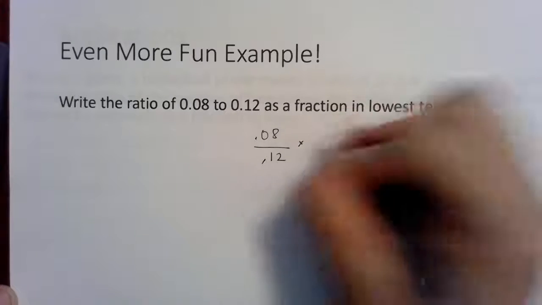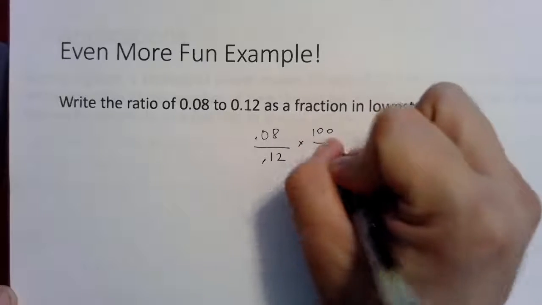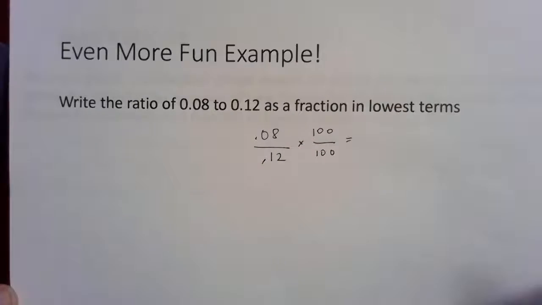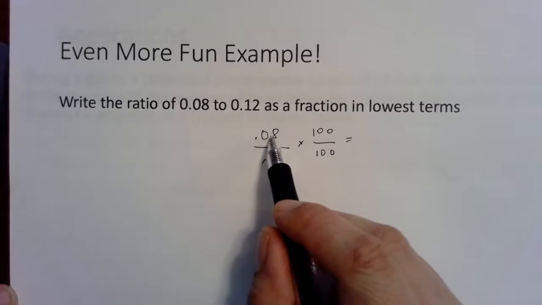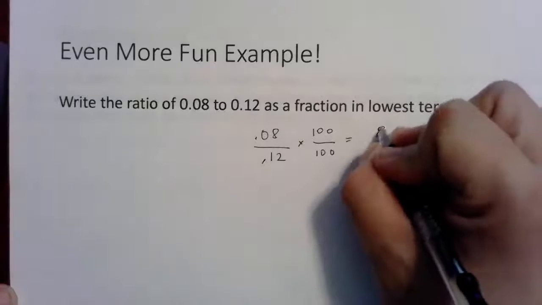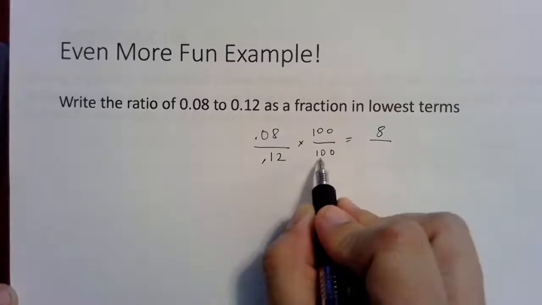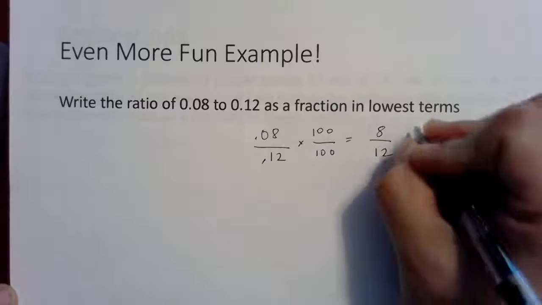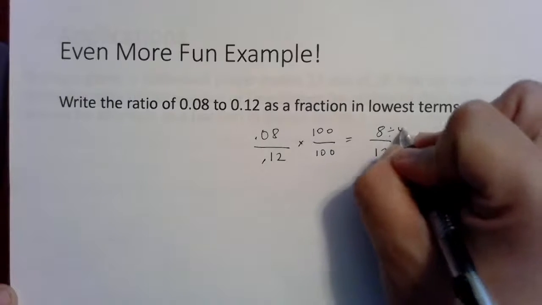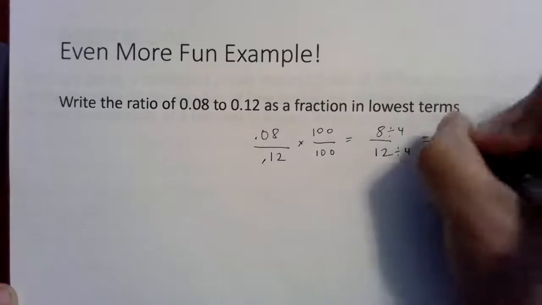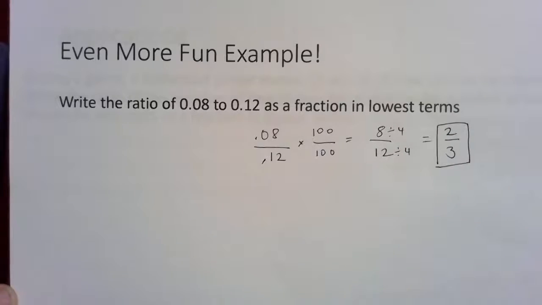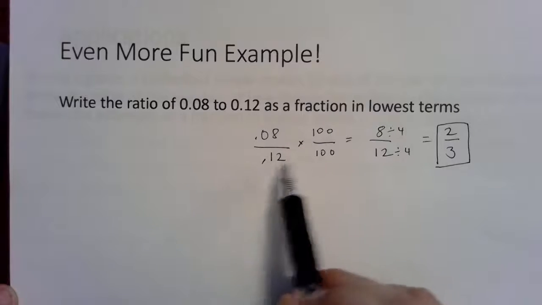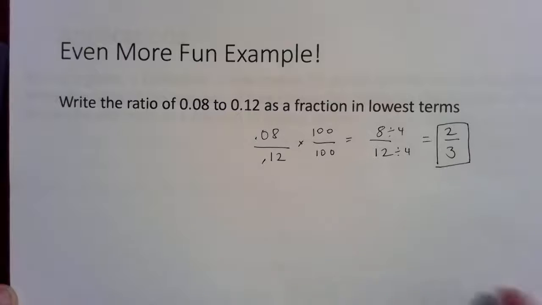So if I multiply top and bottom by 100, I'm not really changing the value of the entire fraction, but I'm going to simplify this. 8 hundredths times 100 is just going to be 8 on the top, and 12 hundredths times 100 will just give me 12. Now I can reduce by 4, divide top and bottom by 4, and I get 2/3. So we multiplied by 100, and then we divided by 4 to get 2/3.